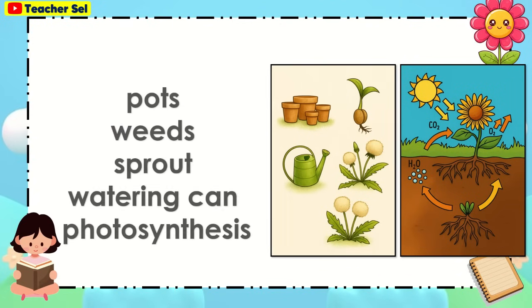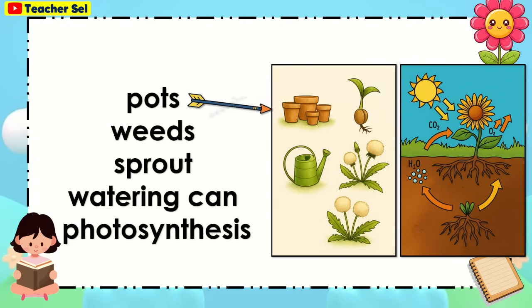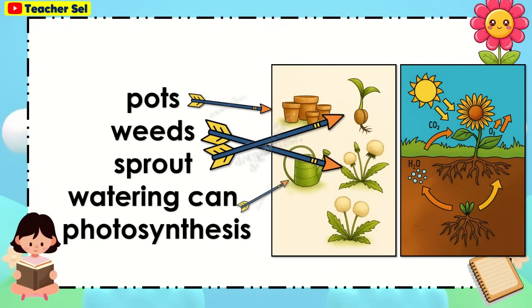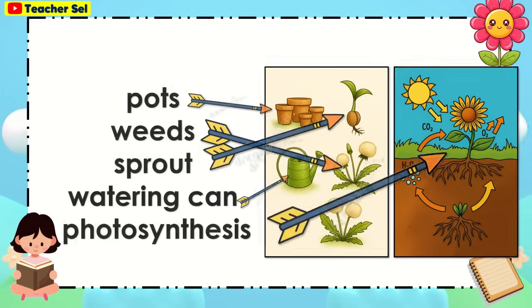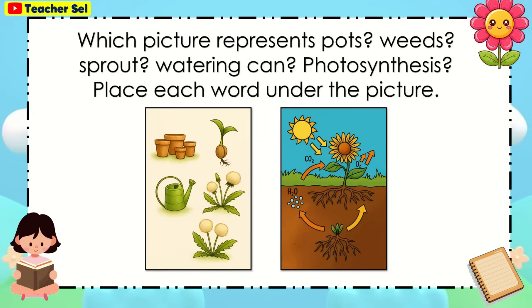For the pots, weeds, sprout, watering can, and photosynthesis. Which picture represents pots? Weeds, sprout, watering can, photosynthesis. Place each word under the picture.